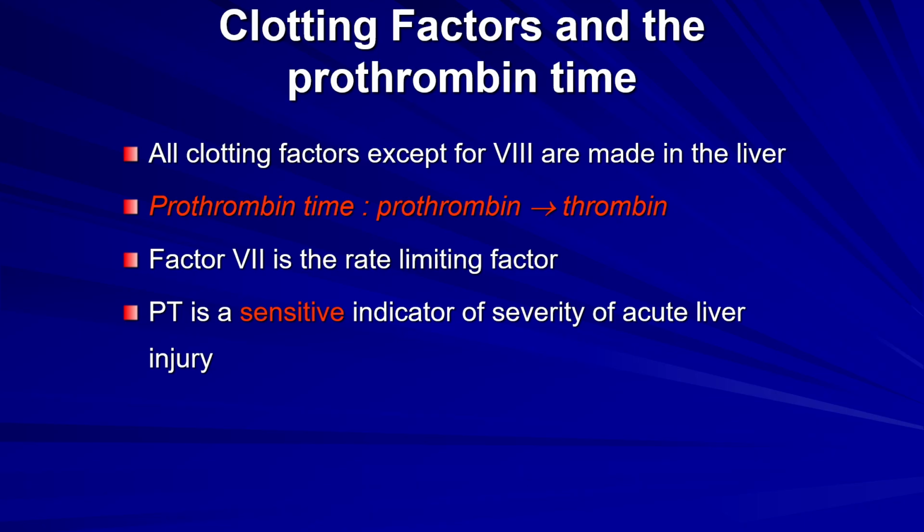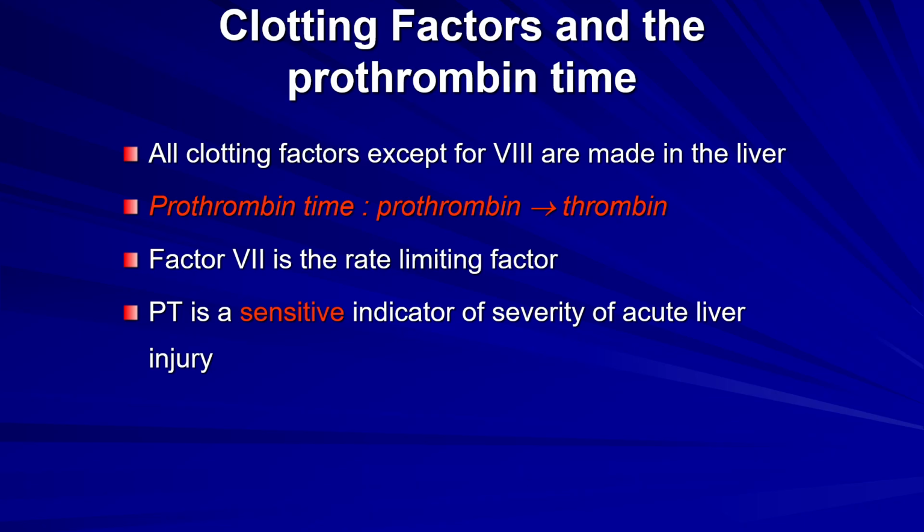Now, one way of measuring the availability of clotting factors is a test called the prothrombin time, which is basically the time it takes for your blood to clot in a test tube to transform prothrombin into thrombin. It's usually in the order of 10 to 12 seconds, and we usually compare it to a control which is normal.